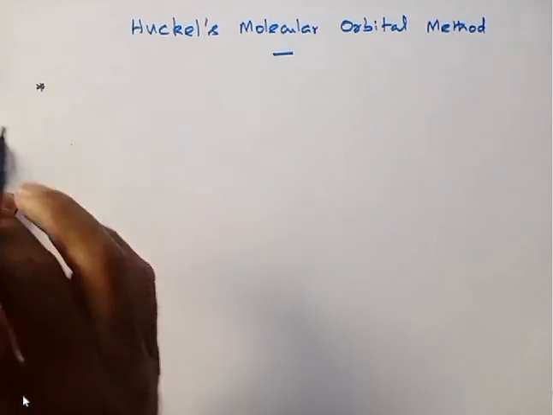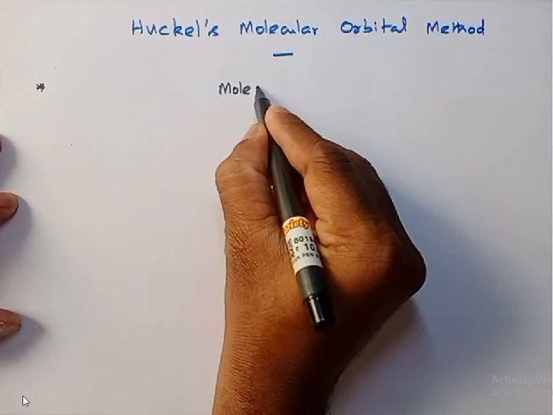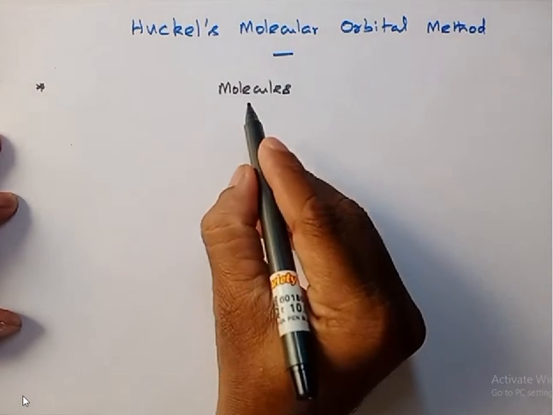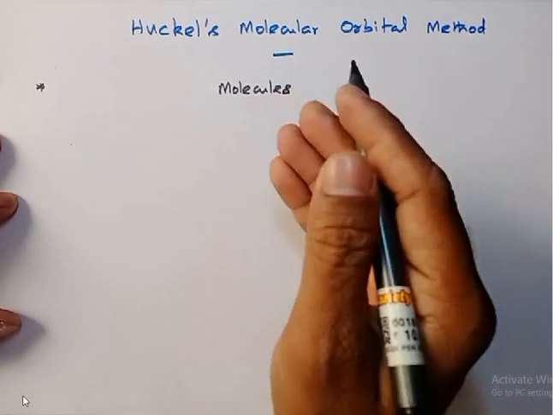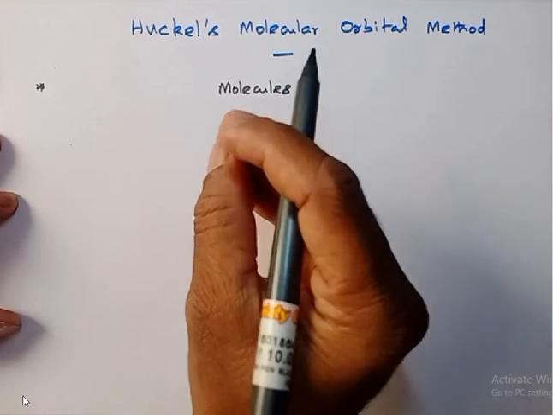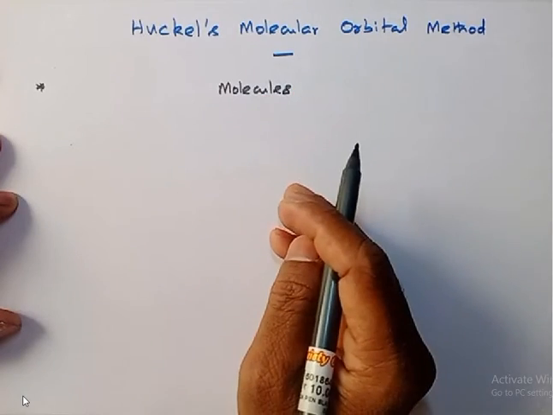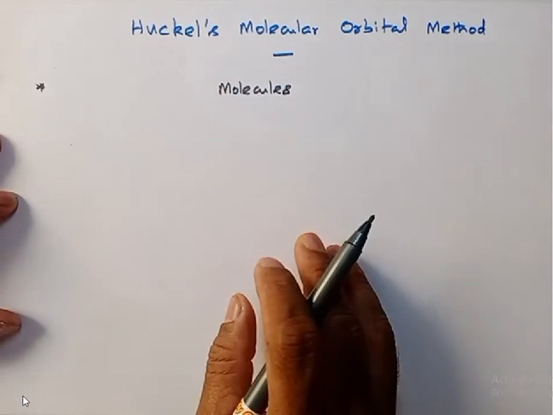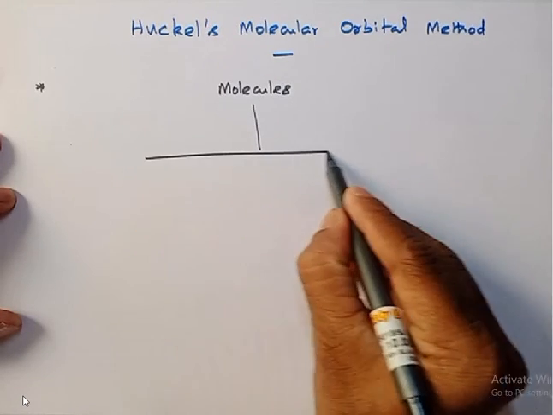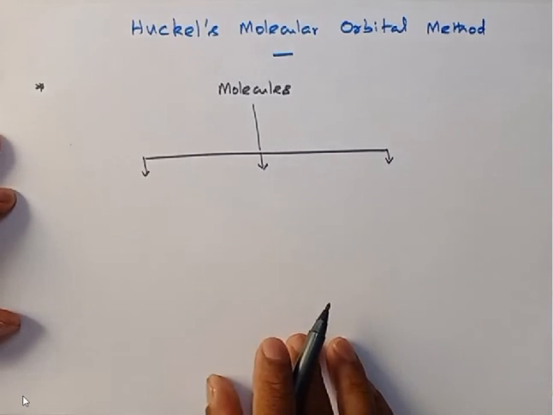We all know that for molecules, very specifically organic molecules, to get the energy of the molecular orbitals, or the wave functions corresponding to the molecular orbitals, or any other properties of the molecule, we essentially apply these techniques.